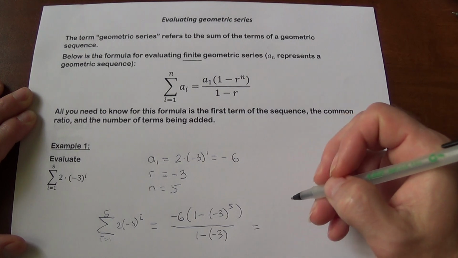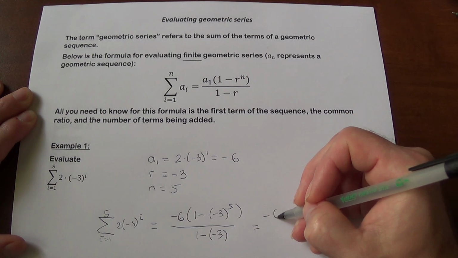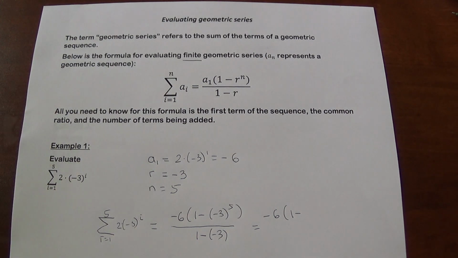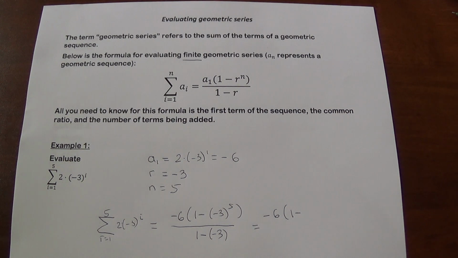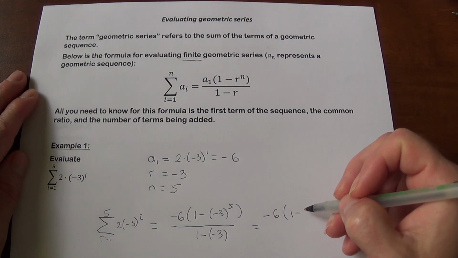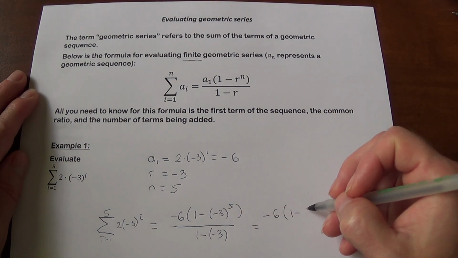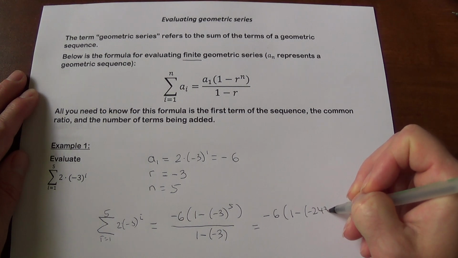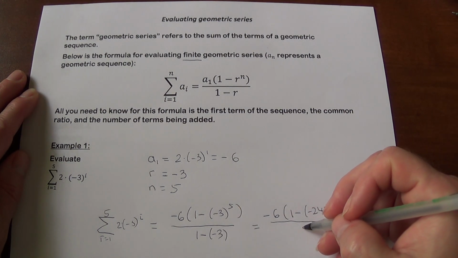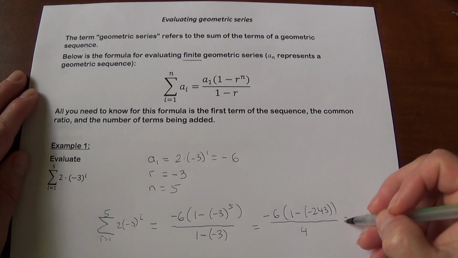Now it's all going to come down to doing math. This is 1 minus, when you do negative 3 to the 5th power, what are we going to get? That's going to give us 243. So 1 minus negative 243, all over 1 minus negative 3, which is actually 4.